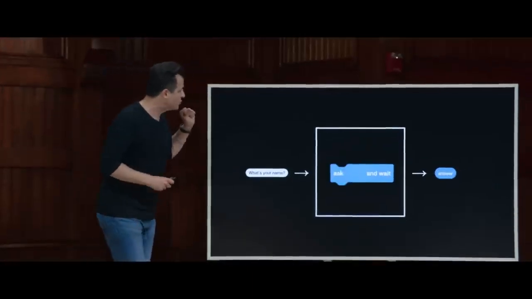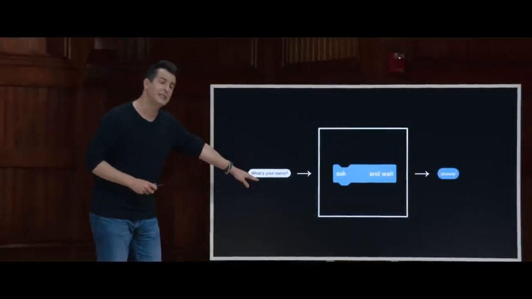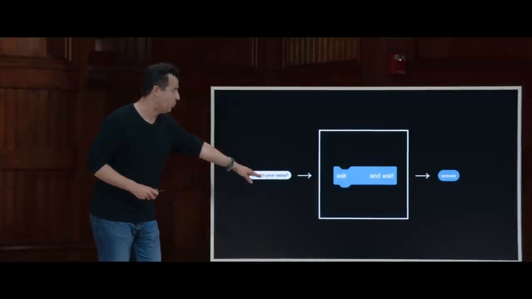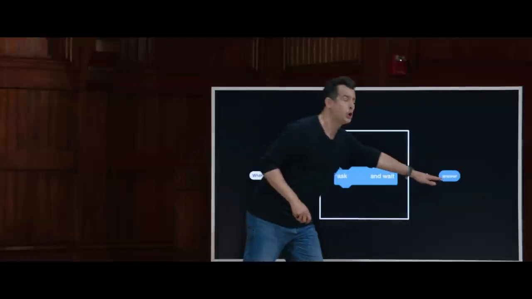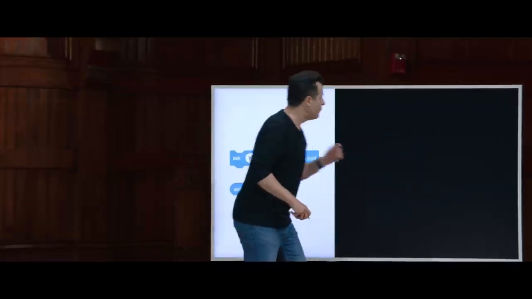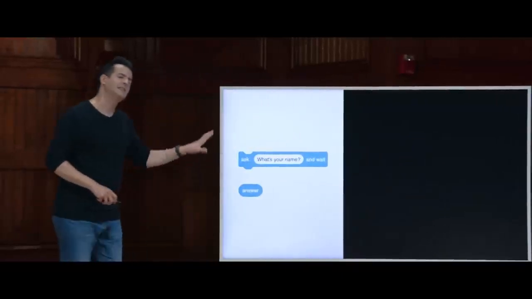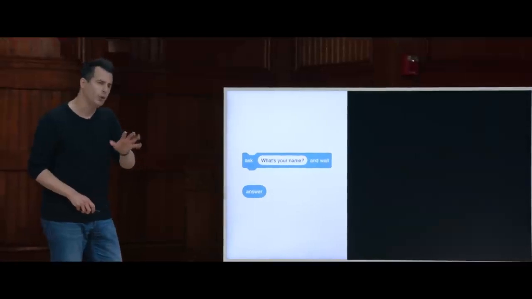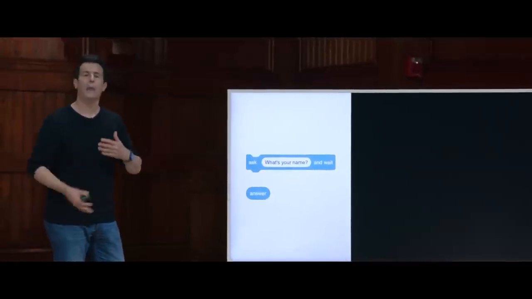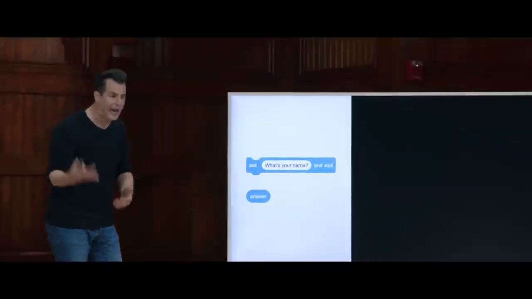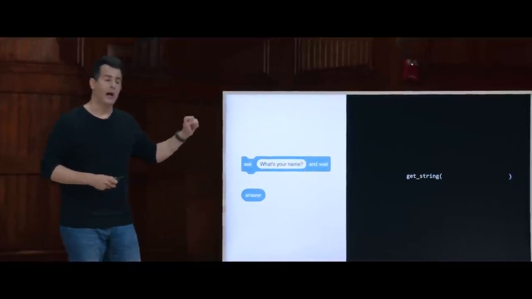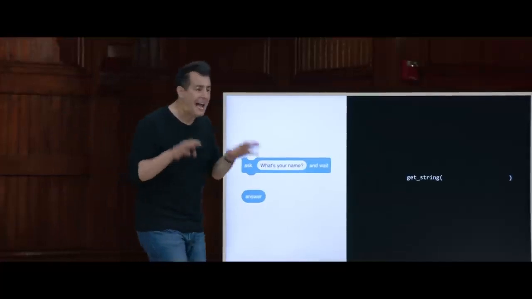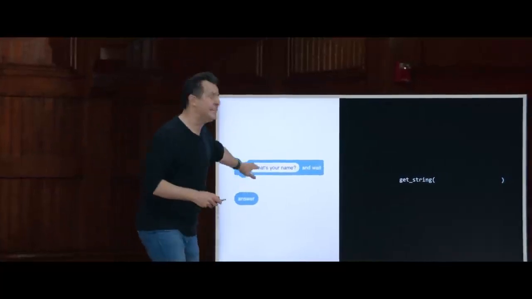So here, for instance, is what we did with Scratch. The input to the say block, or the ask block, was what's your name, quote unquote. The function, of course, is the ask function. And the return value was answer. If we now consider how we might translate this to C, it's going to look a little weird at first, but it's going to follow a pattern today, next week, the week after, anytime we do code like this. So getString, I claim, is going to be the most analogous function in C to the ask block.